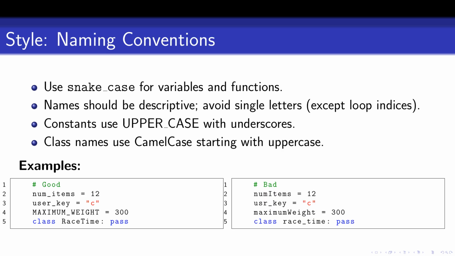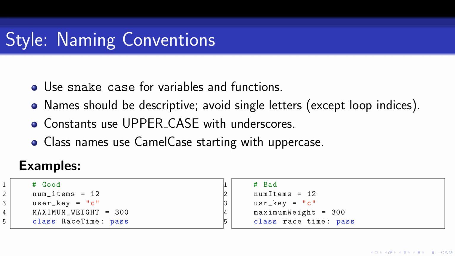Naming conventions are another pillar of Python's style guide. Variables and functions should be written in snake case, meaning all lowercase letters with words separated by underscores. This makes names clear and easy to distinguish from constants, which should be written in uppercase with underscores, like MAXIMUM_WEIGHT. Class names follow a different convention, using camel case where each word begins with a capital letter. Names should also be descriptive, using at least 2 words when possible to avoid confusion.